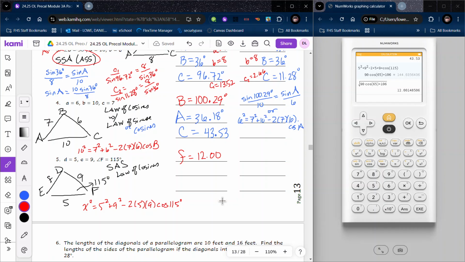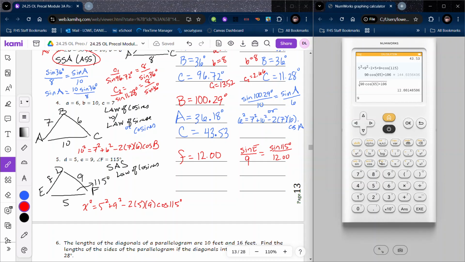So now I need to find another angle, and I know that the sine of E all over 9 must be equal to the sine of 115 degrees all over that 12.00, but I'm going to be using my answer that I have.